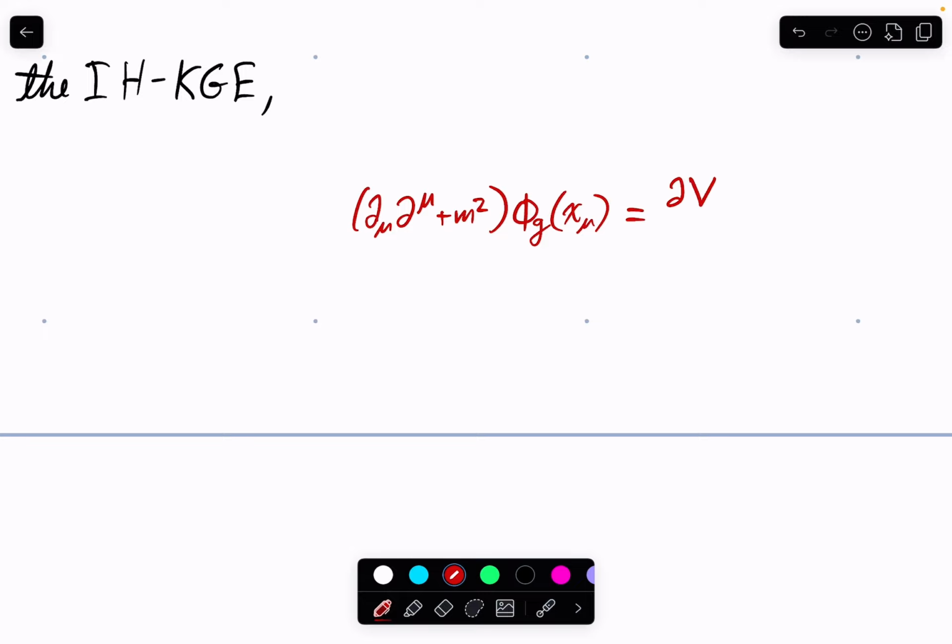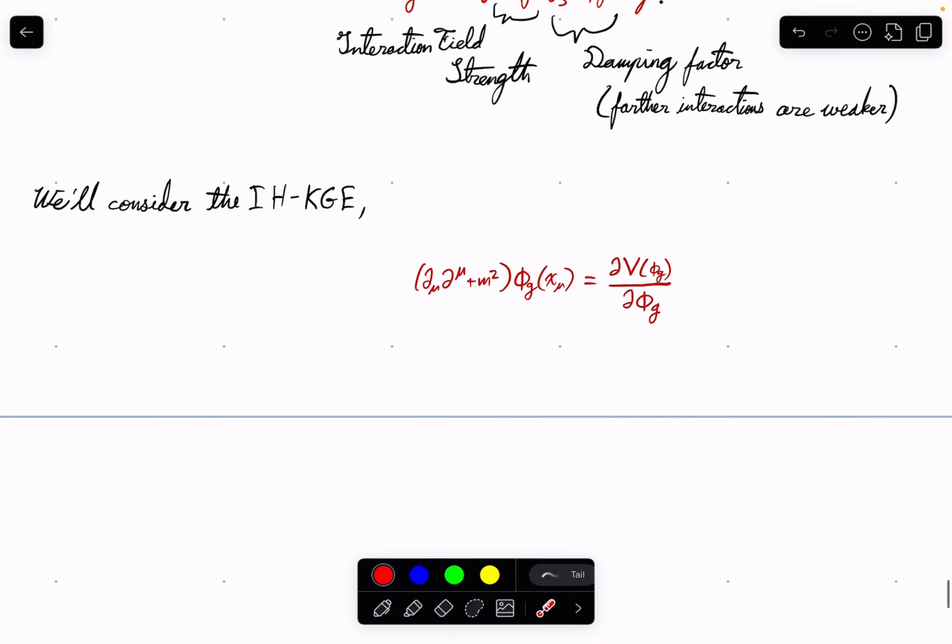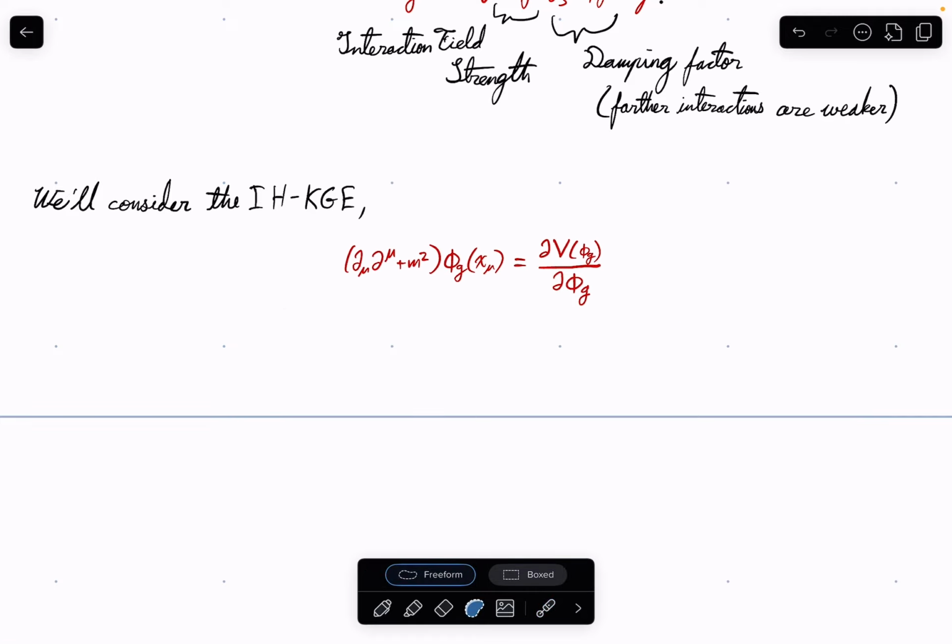Then we can say that this is equal to some derivative here with respect to the field. So this is the form of the inhomogeneous Klein-Gordon equation. The V here represents some potential energy function, and therefore the derivative of it with respect to the field is the interaction field strength.